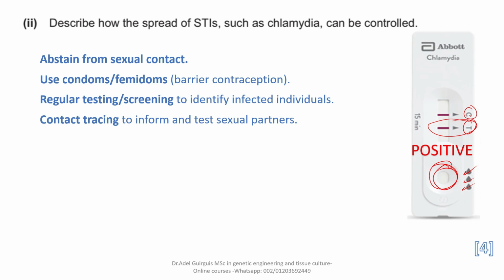Contact tracing to inform and test sexual partners. Public education about transmission and prevention is put inside courses or syllabi of certain boards like Cambridge, for example.